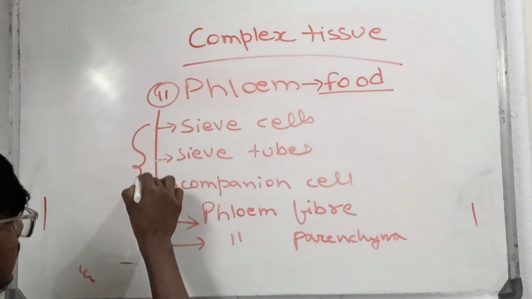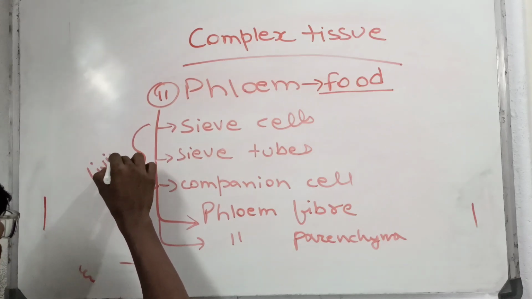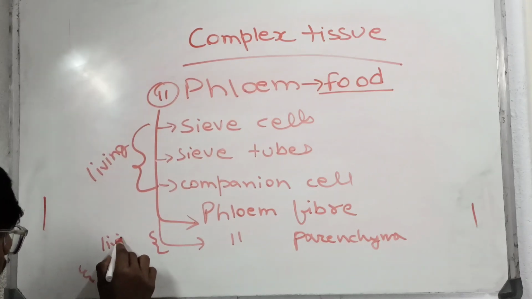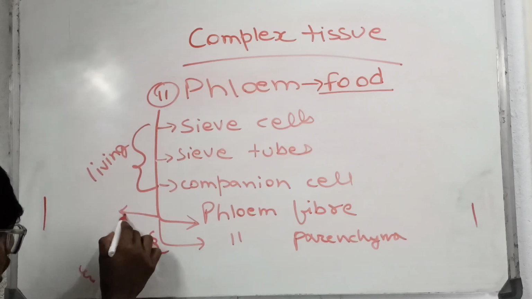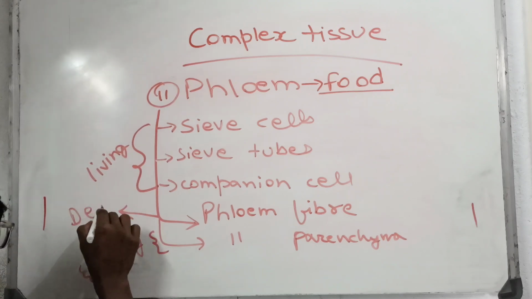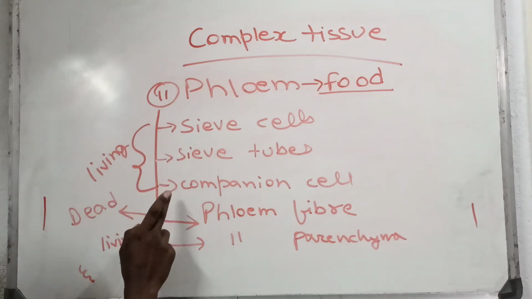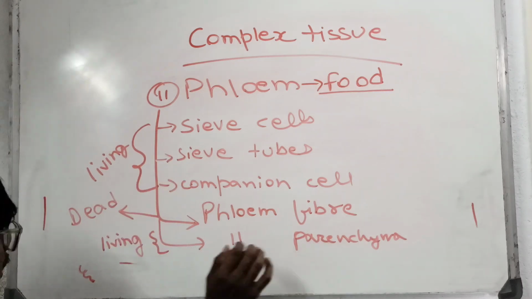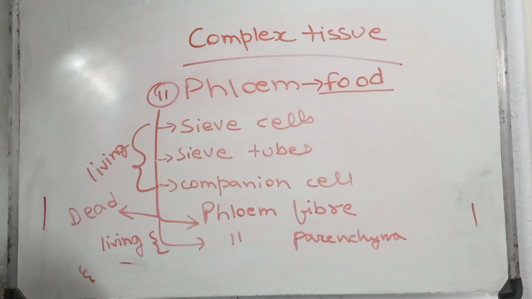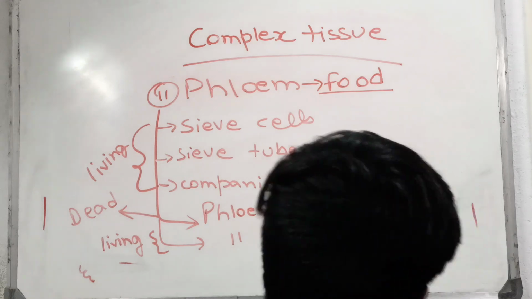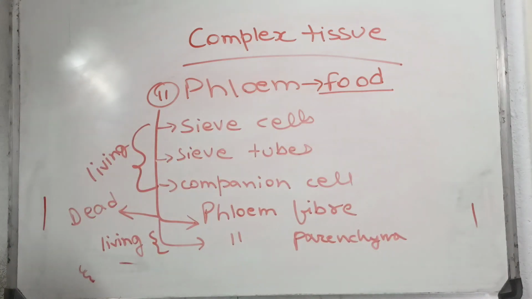Only the phloem fiber is dead. So sieve cell, sieve tube, companion cell and phloem parenchyma are living in nature, and only phloem fiber is dead in nature. So this thing you have to see in the phloem.